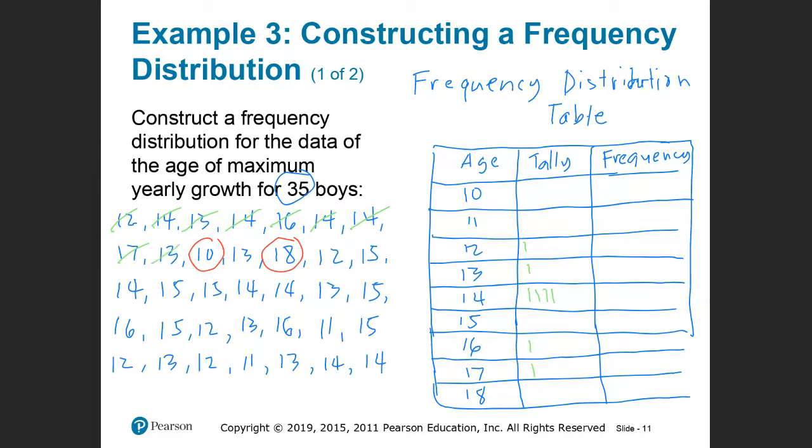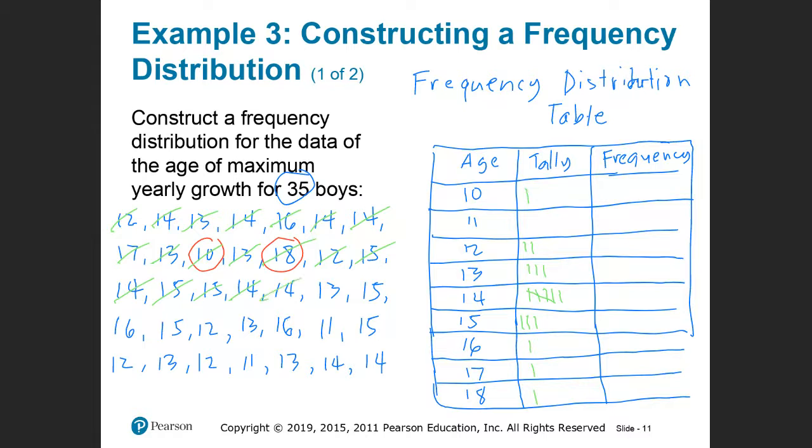Then we have 13, 10, 13, 18, 12, 15, and there is 14 next, 15, another 15, then 14. So we just group this into 5.